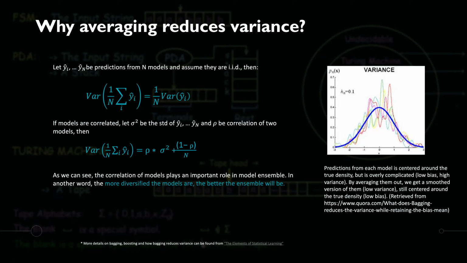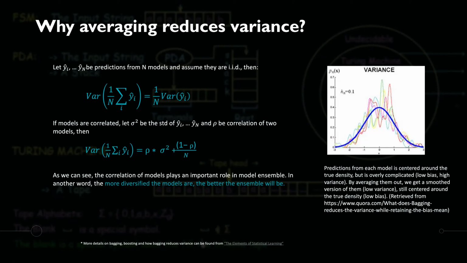The second point is that how effectively we can reduce the variance depends on the correlation between each model. Or in other words, we would like the models for the ensemble to be as independent as possible of each other.